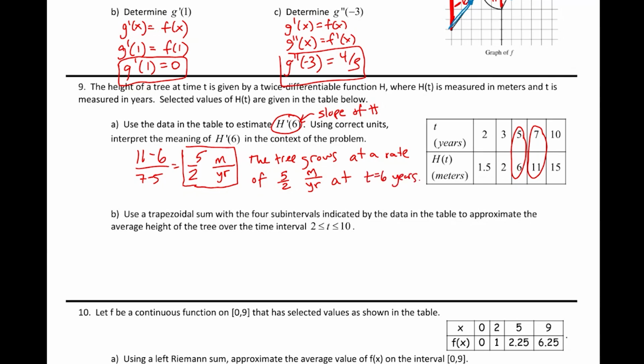Okay, really important that on that interpretation piece that you cite the time. We've seen many problems like this, and we've started to take off points if you don't actually include that time piece in the explanation.